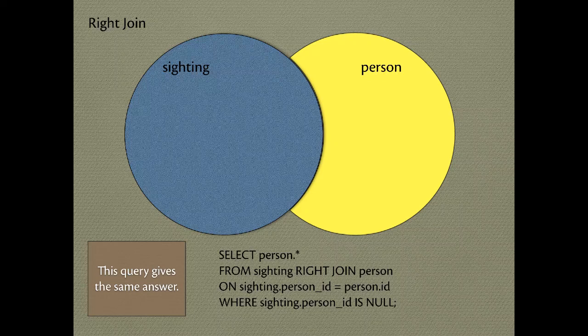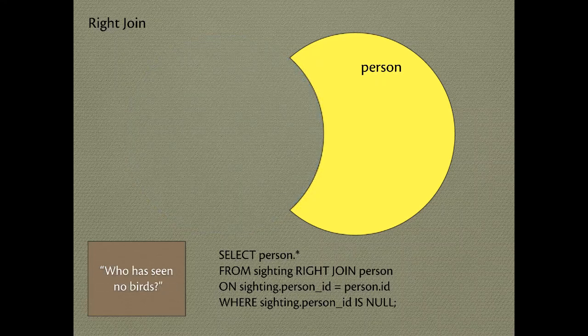So is it possible to do this? Yeah, it certainly is. It's not even difficult. Once you really intuitively grasp the geometry of it, I think that these are pretty easy to write, to be honest. So there's really nothing different there, and what we get is a moon-shaped person table that's left over, right? All the people who never saw a bird, and it's exactly the same.